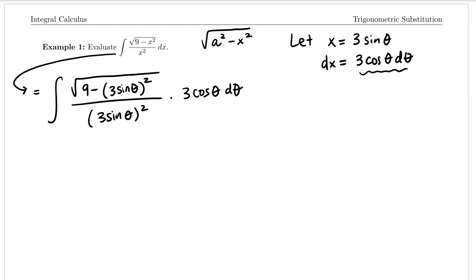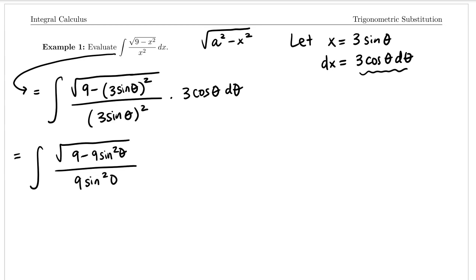Okay, so now we want to do some simplification of our integrand. I have the square root of 9 minus, if I square that thing inside of the parentheses, 9 sine squared theta. Same thing in my denominator. Just like we did on the previous page in the more general example, underneath my square root both terms have a 9, so I can factor that out.